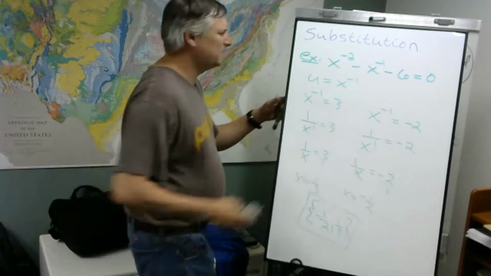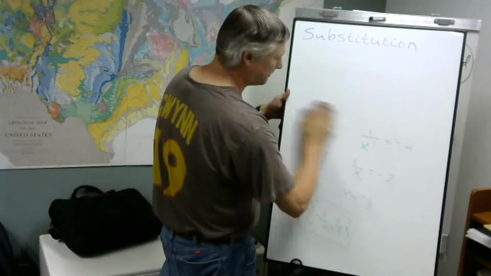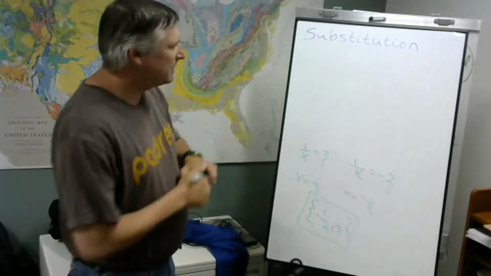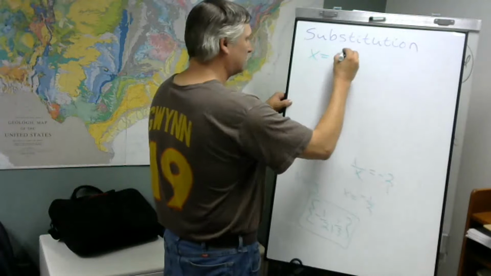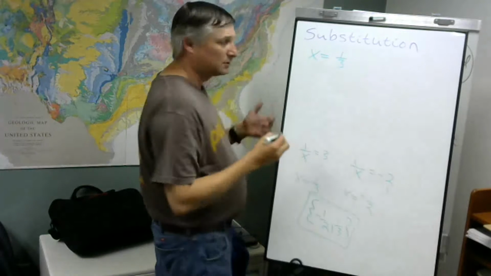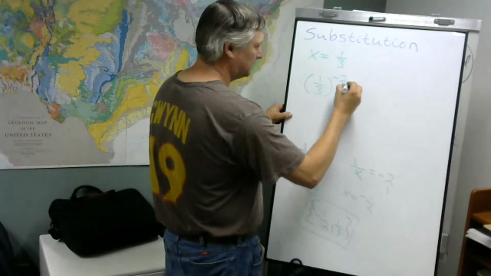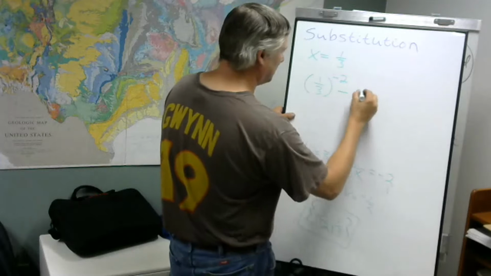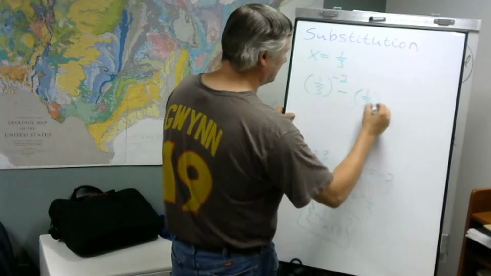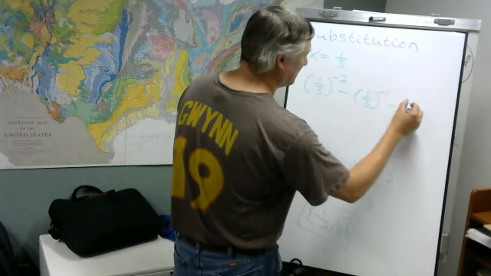Just a quick review on negative exponents, especially if you're going to check the numbers here. In fact, let's check one of them. Say x is 1/3. So what you'll get is 1/3 to the -2, minus 1/3 to the -1, minus 6.